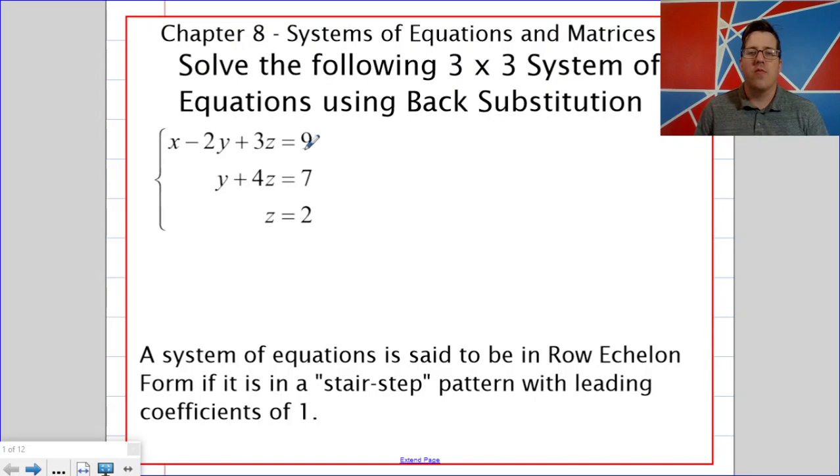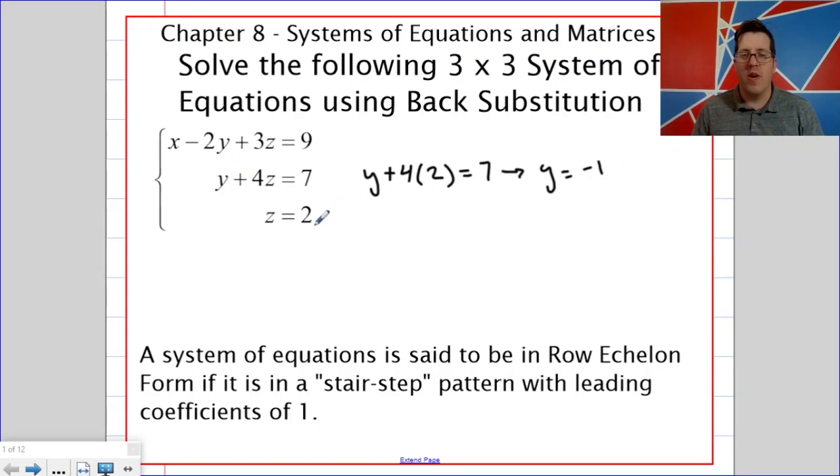We can utilize what's called back substitution to solve this system of equations. And this is why we're going to want to put systems of equations in this row echelon form, because I am able to figure out what all of the variables are by simply plugging in to the row above it.